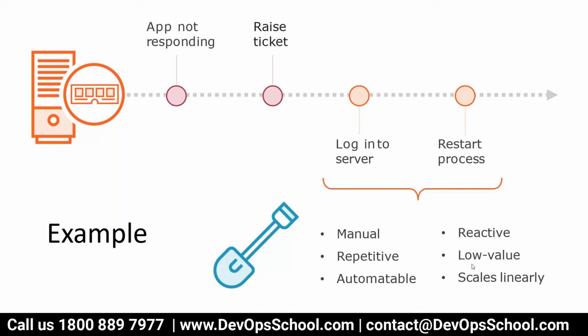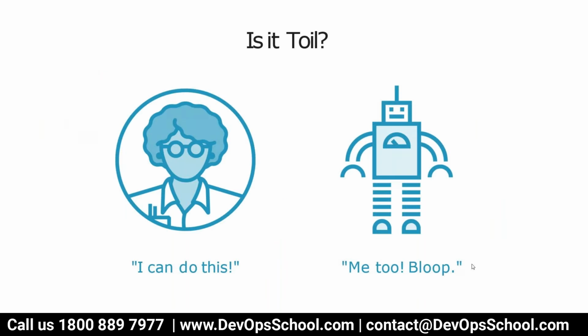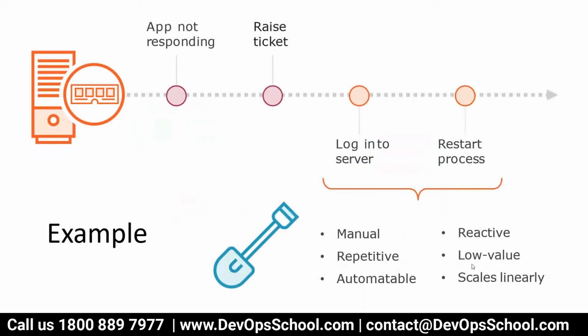What do you think? This is a toil, right? Yeah, it's a toil. Yes, depends on how you see it, because the app is not responding, then you need to troubleshoot it. It's not exactly just logging on to the server and restarting something, right? It will probably have more impact than only this.